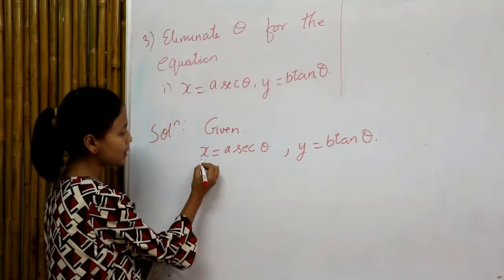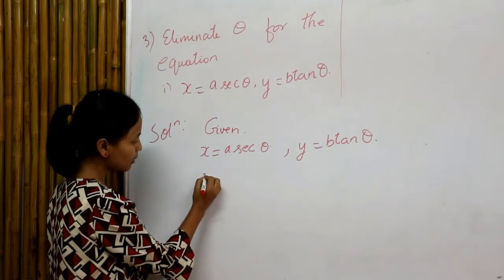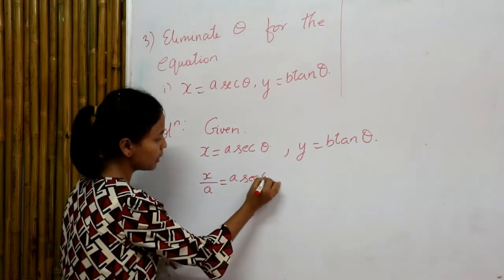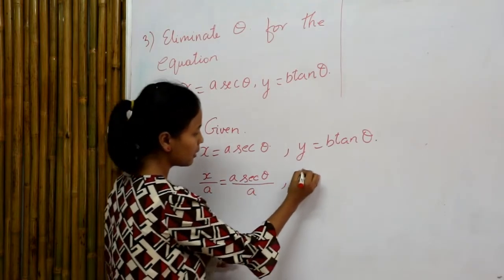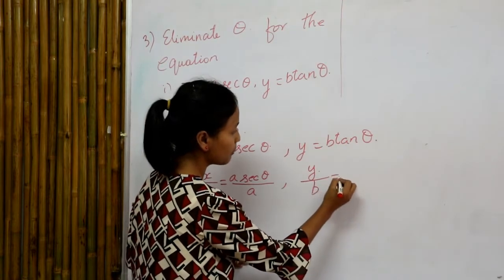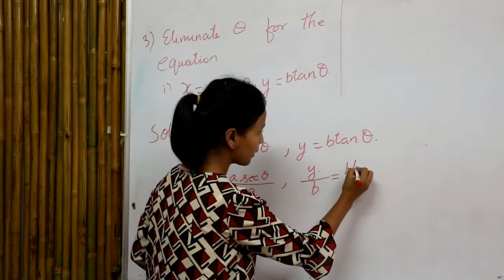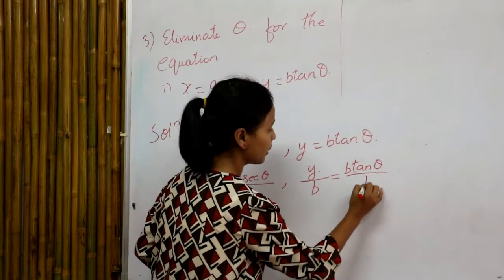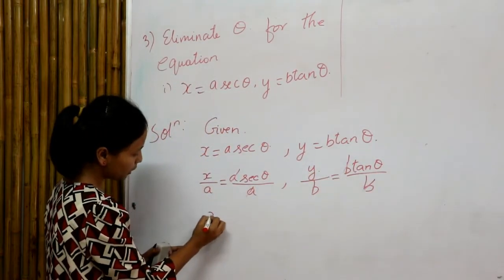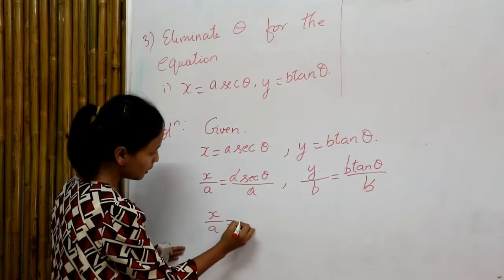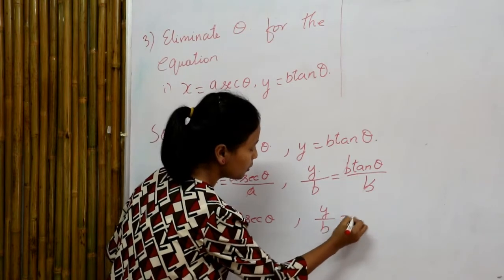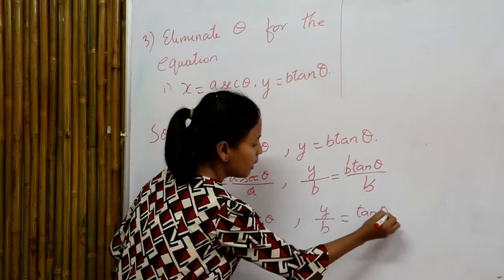Okay, then dividing by a on both sides, x by a is equal to a sec theta by a. And dividing y by b on both sides, we will get y by b is equal to b tan theta by b. Right, now a cancels, b cancels. So we get x by a is equal to sec theta and y by b is equal to tan theta.